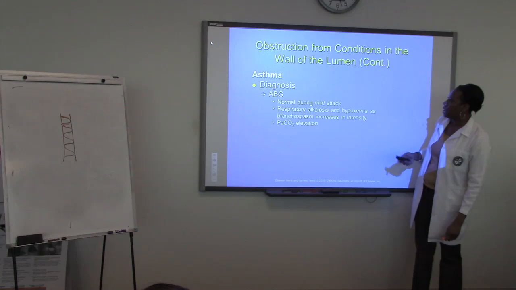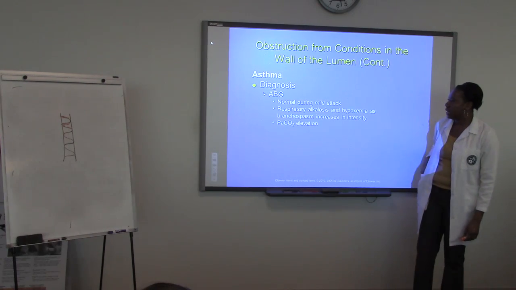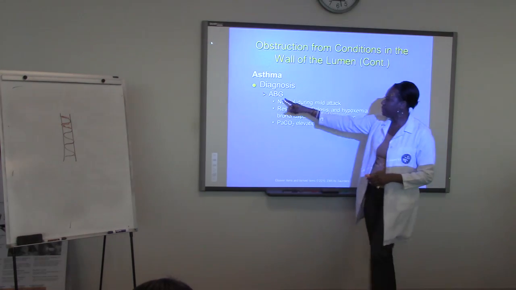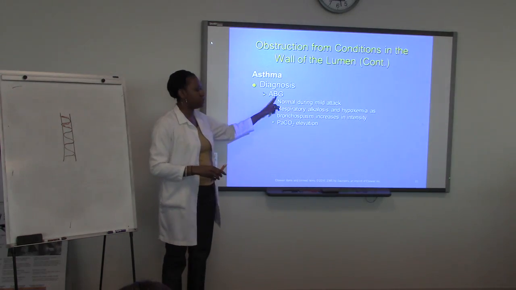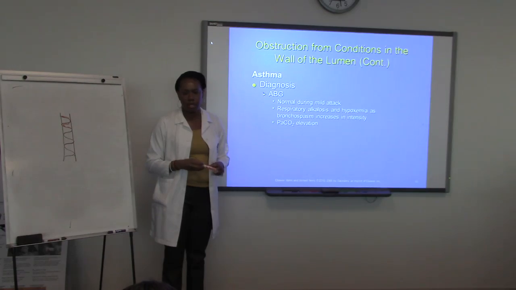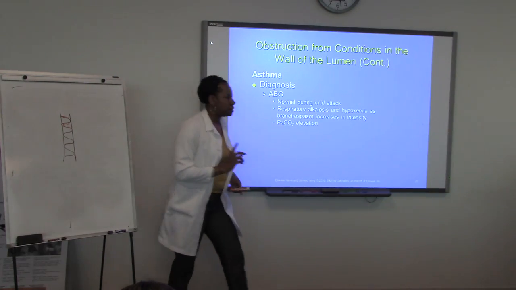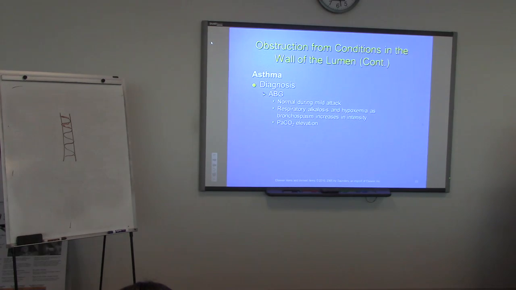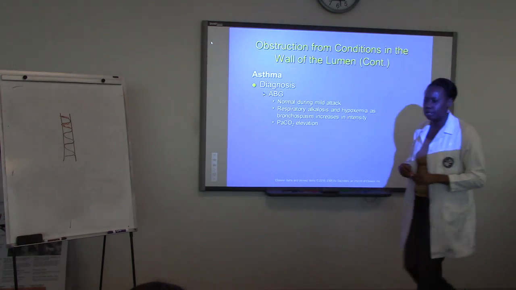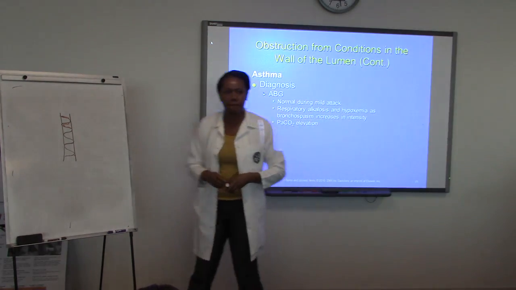Okay. Now, diagnosis, ABG, something called arterial blood gas. So this is ABG, arterial blood gas assessment. And since we are talking about this, we are going to add this in for our clinical reference guide. So if you don't mind, if you can pull out your clinical reference guide.